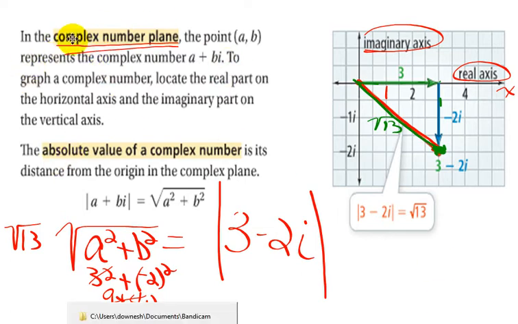The next thing I'm going to talk about is, your first 4 problems were like the one we just worked on. Problems 5, 6, 7, and 8 today, and tonight you're just working the first page, 1 through 14. But 5, 6, 7, and 8 are like this. It says, in a complex number plane, the point (a, b) represents a complex number, a plus bi. If they ask us to plot the complex number and find its absolute value, let's think about what they're asking.